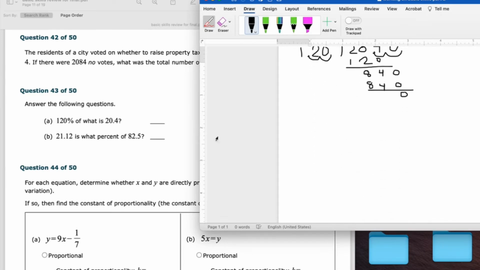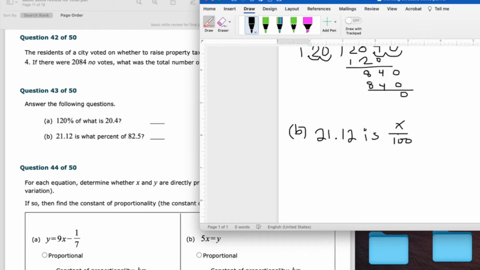The next one is still part of 43, but it's the B part. It says 21.12 is what percent of 82.5. I like to do it this way, though not everybody does.